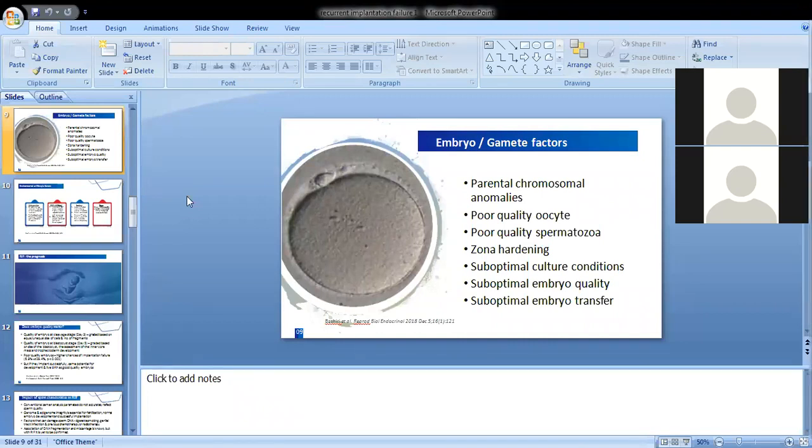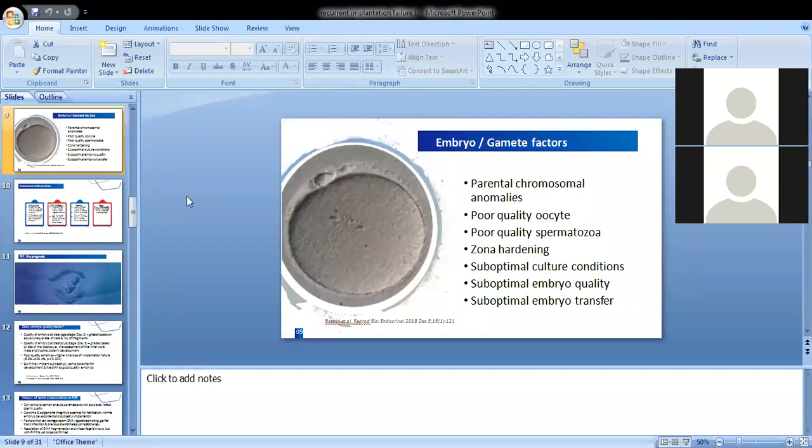Other factors which can affect embryo quality are parental chromosomal anomalies, particularly translocations, Robertsonian or balanced translocations. Then poor quality oocyte. We all know that with increasing maternal age, we get poor quality oocytes, and that will ultimately lead to a poor quality embryo or more chances of aneuploid embryo as maternal age increases.